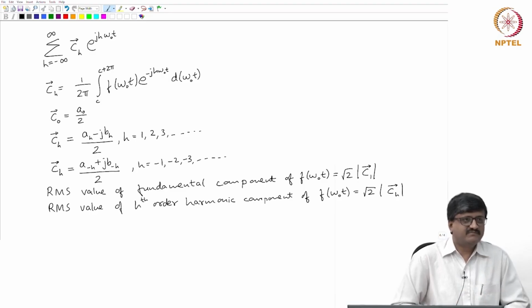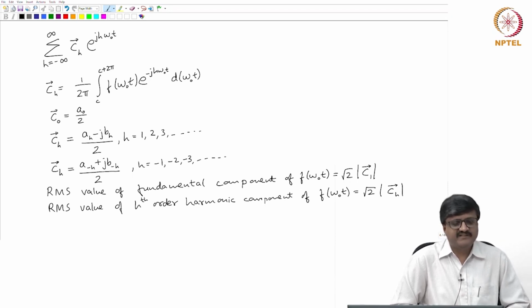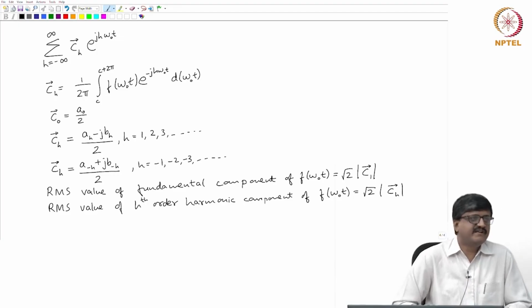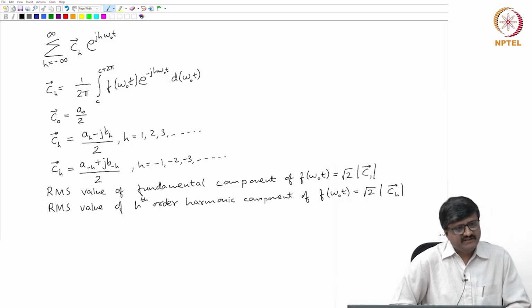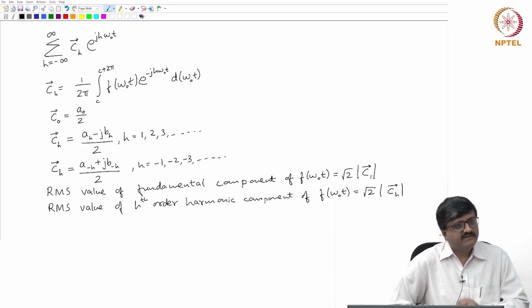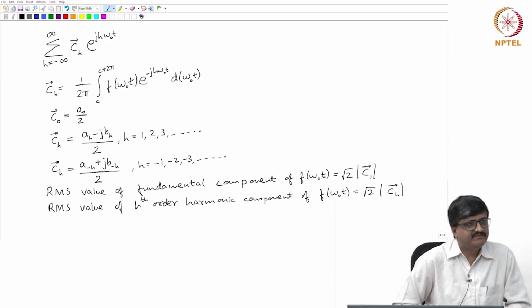So, there are some shortcuts or easy ways to get the expressions for AH, BH, CH. If I can somehow reduce the duration for which I integrate, then I can quickly get the values.